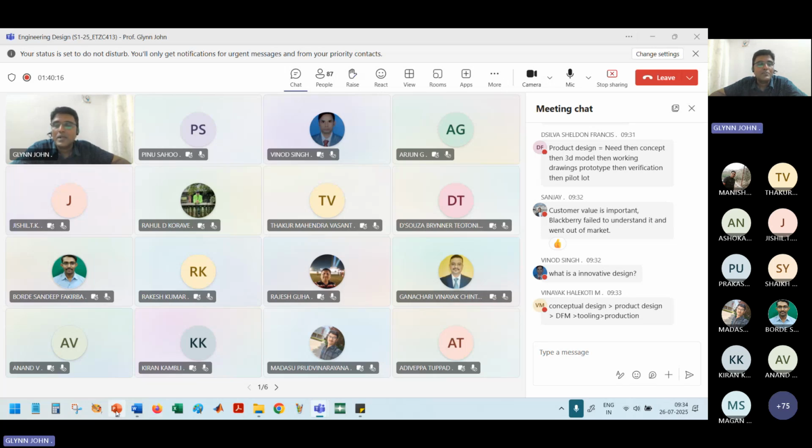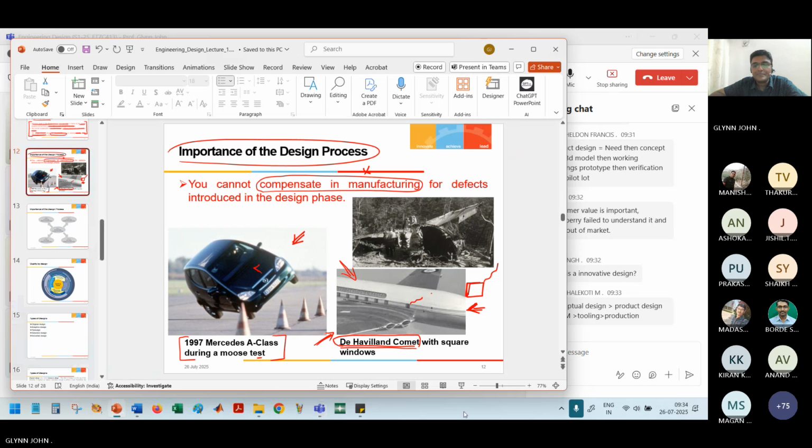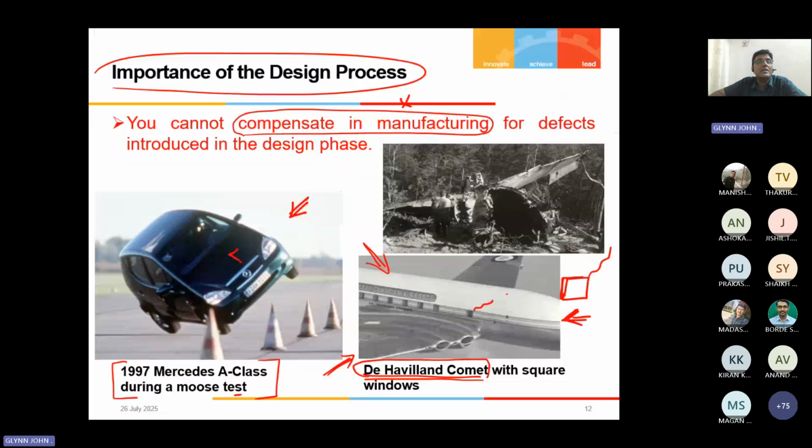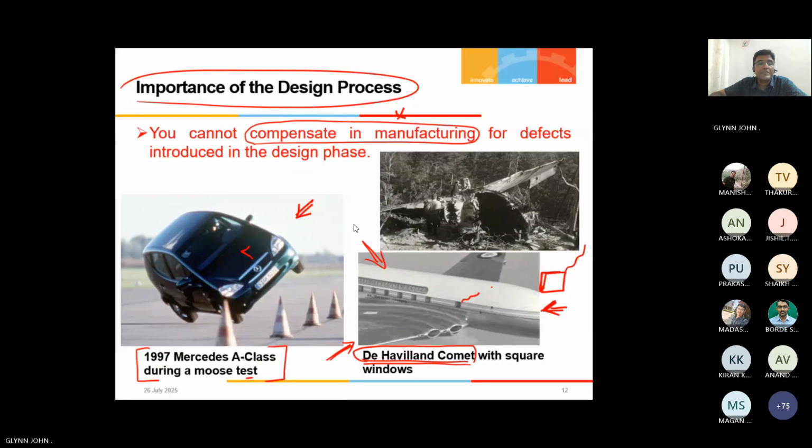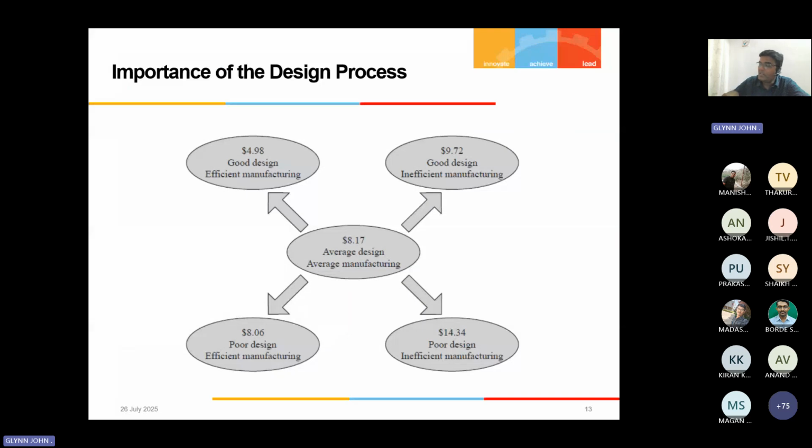Okay, so coming back to our lecture now. If you look at the importance of the design process from a cost perspective, here they've given one example. You have an average design and average manufacturing, and in that case the product is costing about $8.